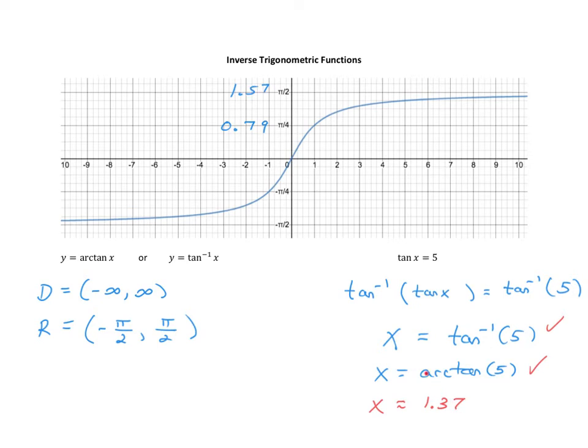So 1.37 is roughly right about here. And if you go to the function, it will take you to 5. So this is what it means by an inverse function. It reverses what tangent does, and that's what it looks like on the graph.